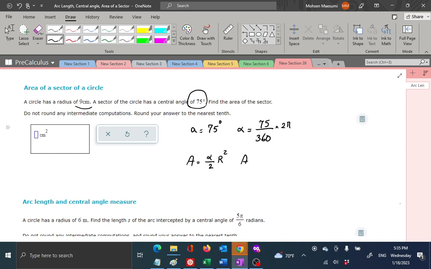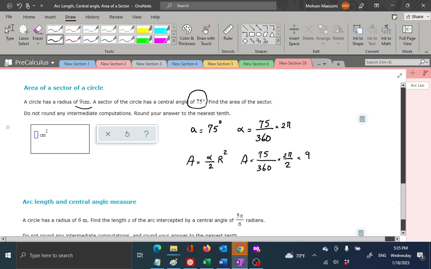So my area is going to be half of this, so 75 over 360, 2 pi over 2, so that's going to be just pi, times my radius squared. My radius is 9 centimeters, and then I have to square that. So these 2's cancel if you wish. So I have 75 pi over 360 and then 9 squared.